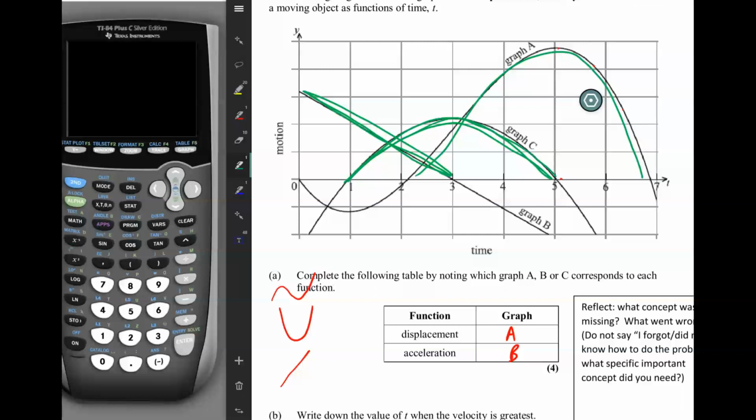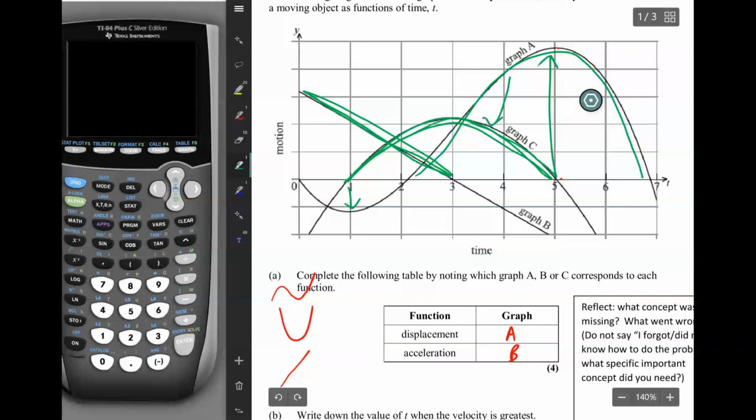And yes, it does. Do you see how the positive parts of graph C correspond to the part of graph A where graph A is increasing? So that means that graph C is the slope of graph A, which means that graph C is the derivative of graph A.